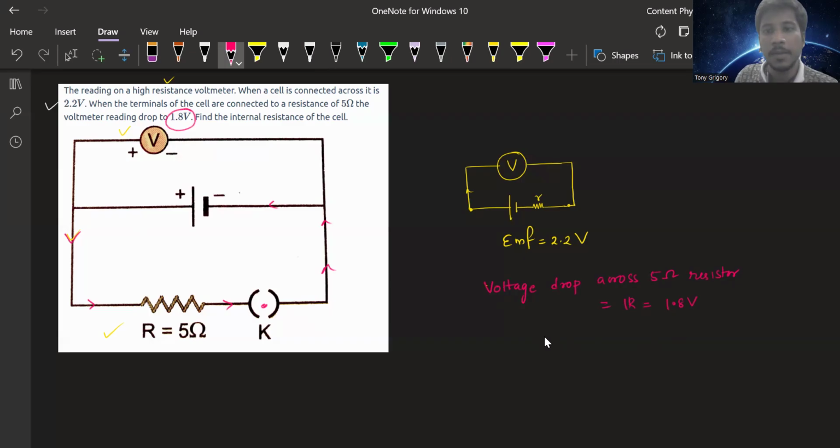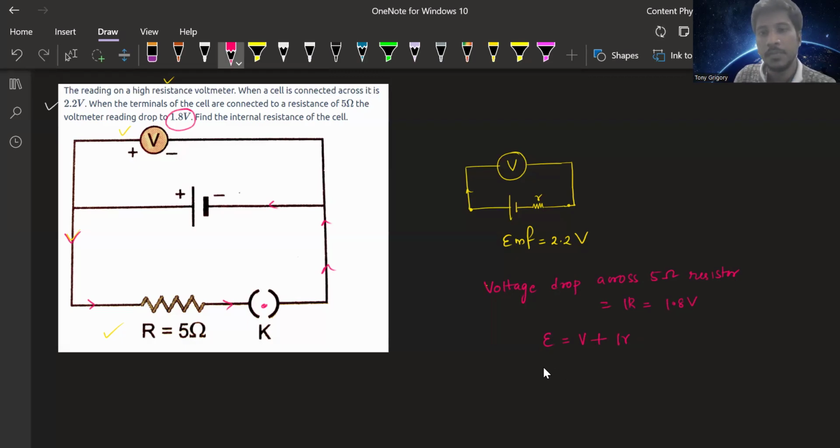And I can also write EMF is equal to the voltage drop across the 5 ohm resistor plus the voltage drop across the internal resistor.